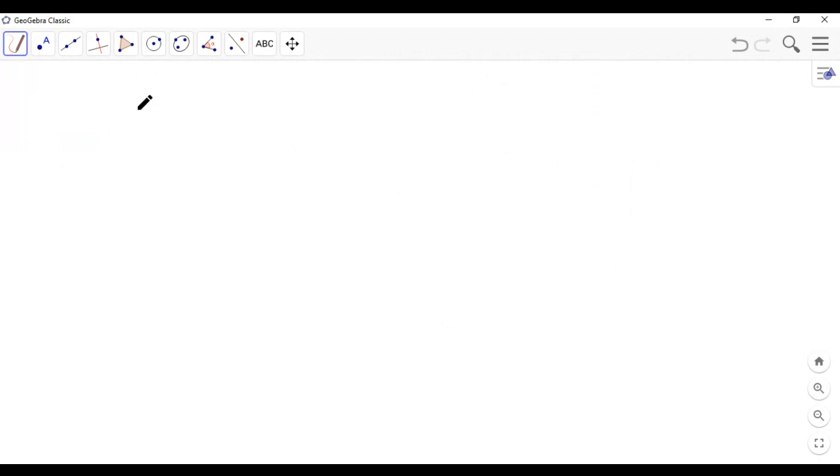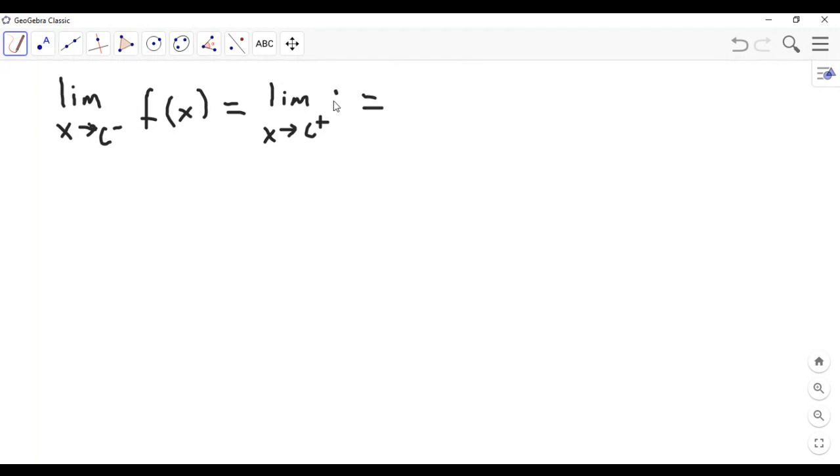So the definition of continuity is specifically where you have the limit as x approaches c from the negative side of f of x equals the limit as x approaches c from the positive side of f of x, of course, which equals f of c.